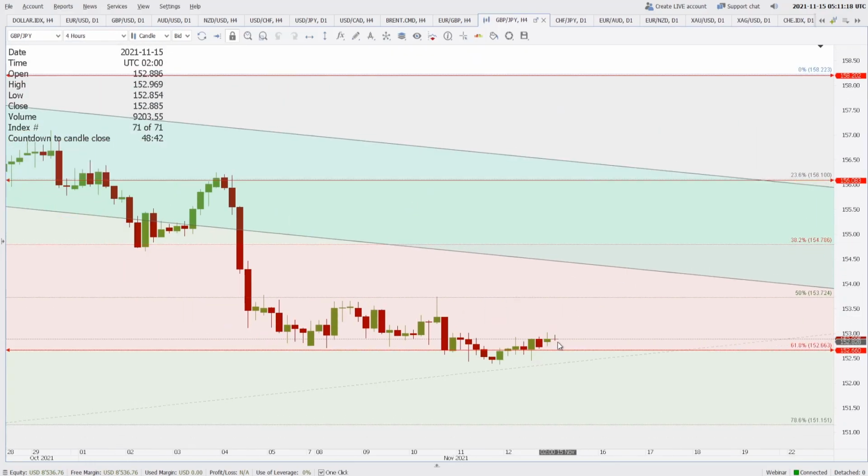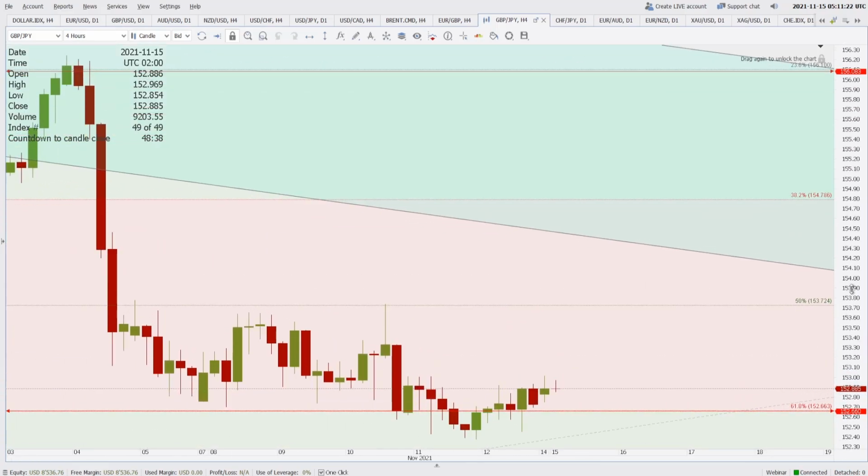So yes, any closing of a 4 hourly candle above this high of today will expose 153.72. Why am I saying above the high of today? Because this high is in line with these three highs. This candle's high was 153.00, this high was 153.00, and this high was 153.00, and today's high was 153.01.